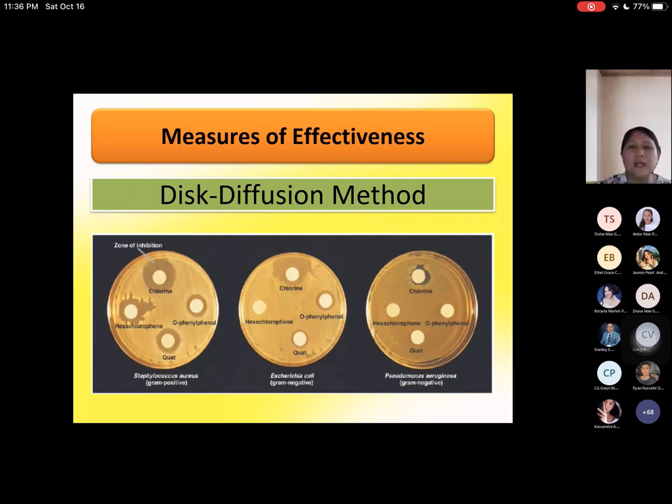Okay, so this is the representation of the disk diffusion method. In the disk diffusion method, you have here the zone of inhibition.